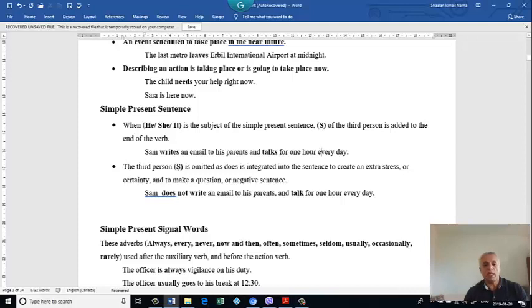The third person s is omitted as does is integrated. When we have it here, we have s here. If you go to this verb, the same thing applies, but when we have does, we add does to the sentence. Then when I add does, I have to take out the s of the verb.